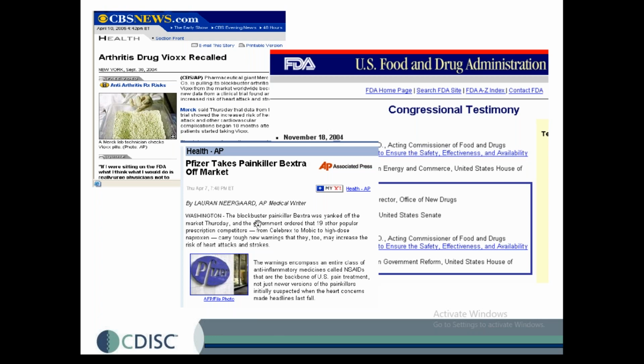The blockbuster painkiller Bextra was taken off the market Thursday, and the government ordered that 19 other popular prescription competitors, from Celebrex to Mobic to high dose naproxen, carry tough new warnings that they too may increase the risk of heart attacks and strokes. So the government has ordered the pharmaceutical companies to call back their products.